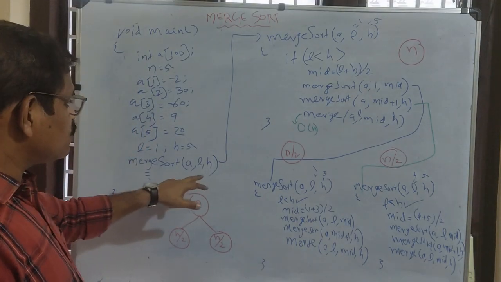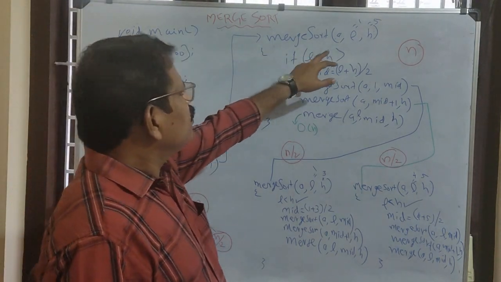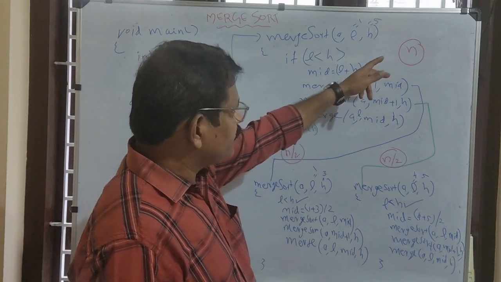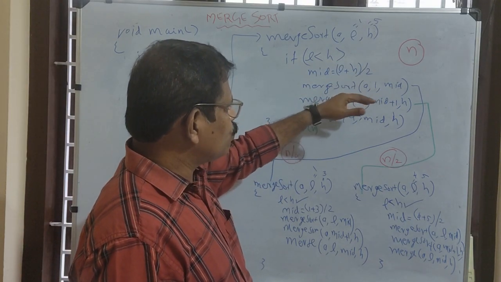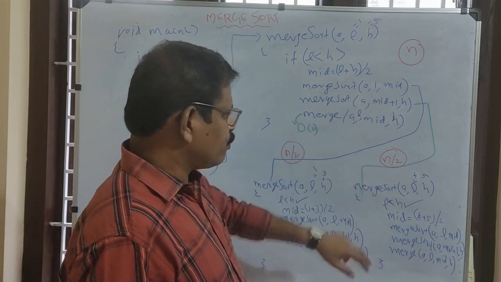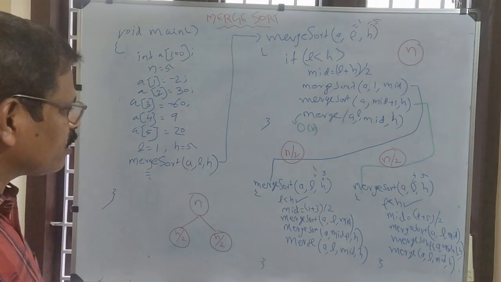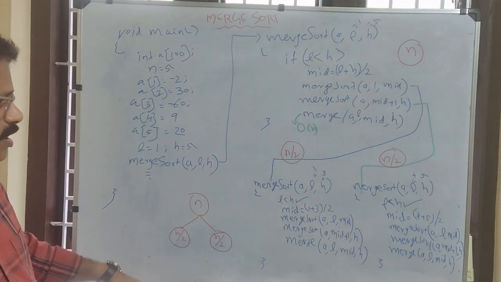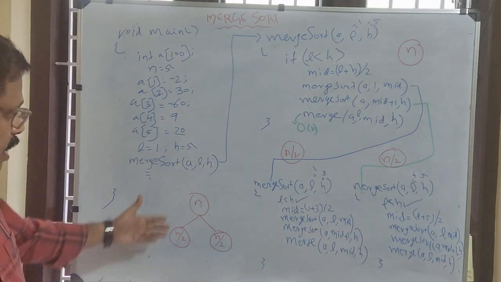We can say the first call, it receives n elements, then it will divide the array into two, n by 2 elements and n by 2 elements each. We can represent the division process like this.